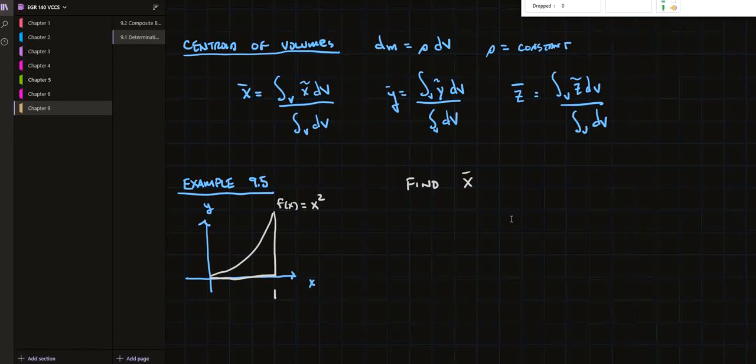So I want to find x bar. To do this, we always do these things in the same way. Probably the best way is, if I'm looking for x bar, first thing I need to do is settle on a dx or differential element and then see what we're doing here.